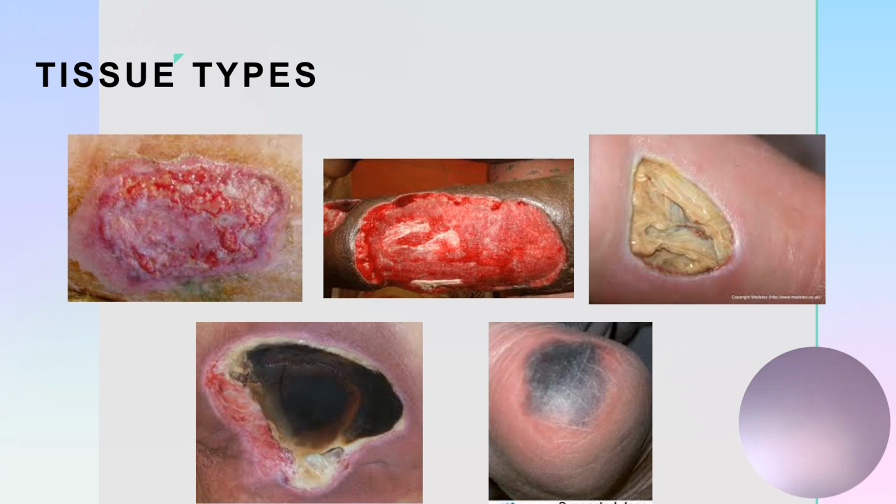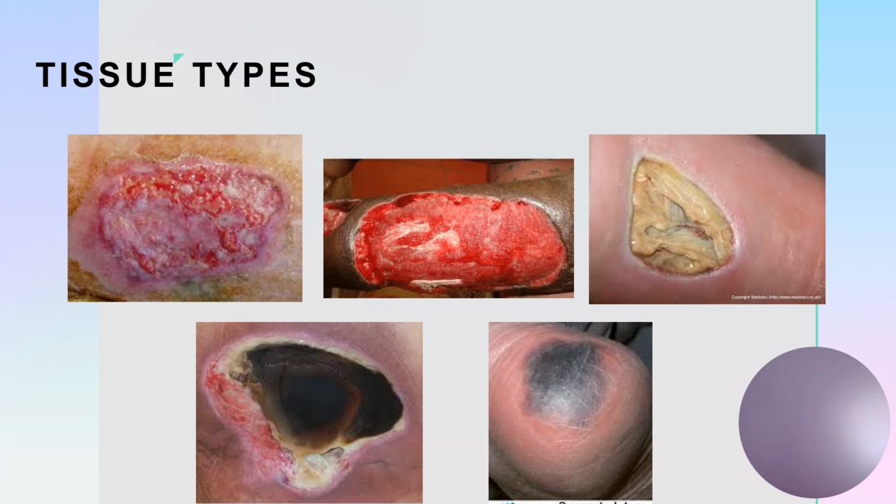So as you're looking at this wound, we're also identifying not only the types of wound bed that we're seeing, but we're looking at the percentage. And in that lower left-hand picture at 6 o'clock, you can see a small area of slough.